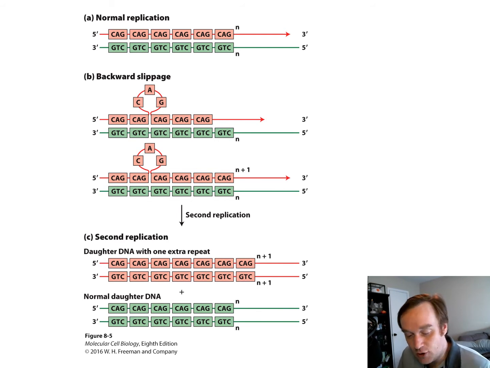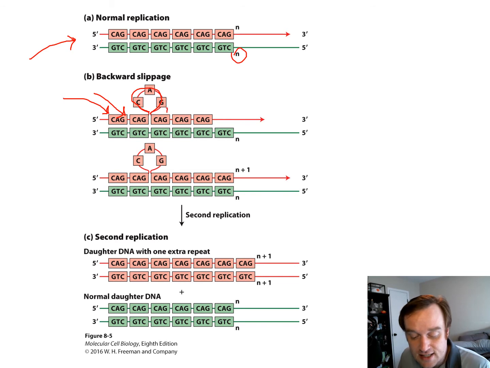So in normal replication at the top here, we have this CAG sequence repeated over and over, and its complement GTC that's repeated n number of times, however many times. So what can happen though is we can get what's called backward slippage, and what occurs is these CAGs will line up with their pairs, with their GTCs, but we'll get this loop that forms.